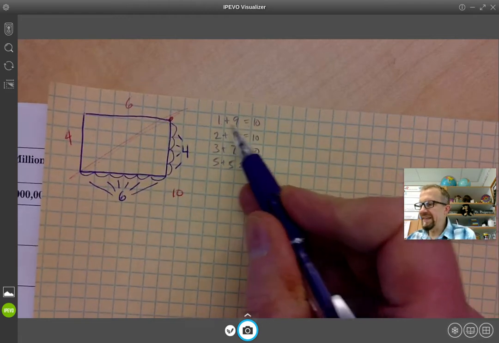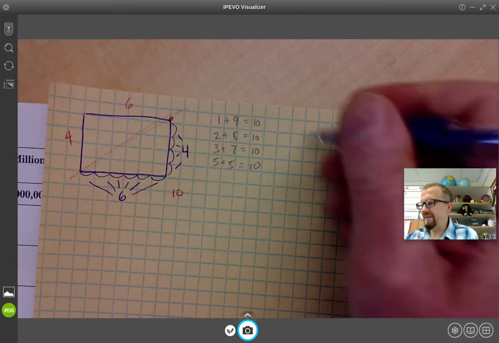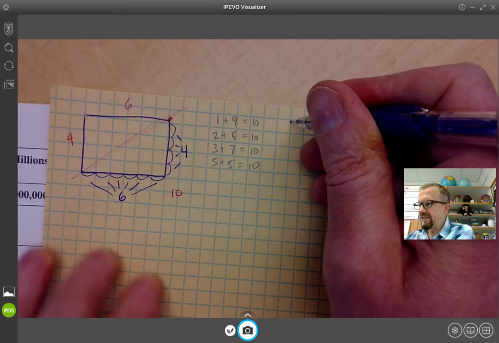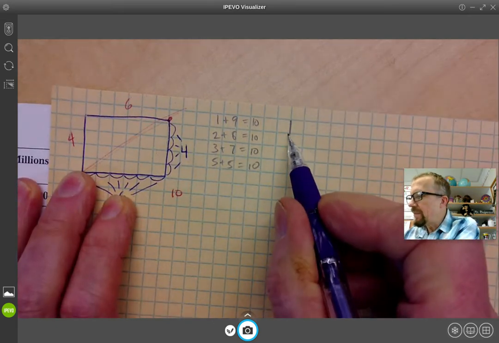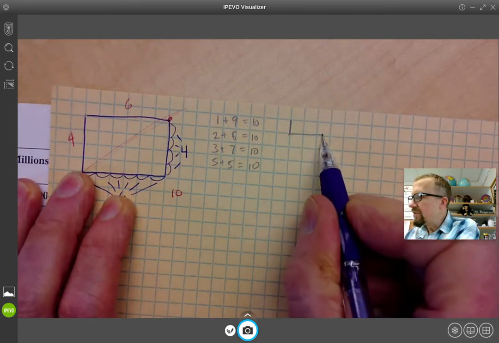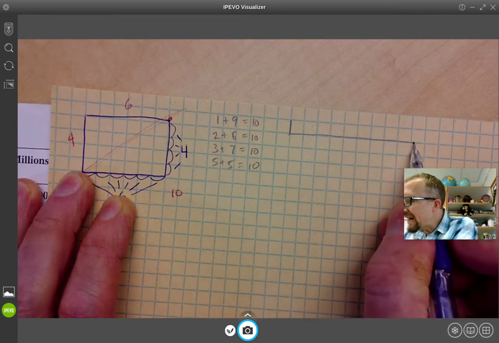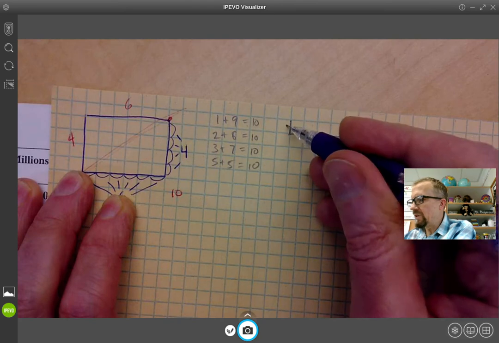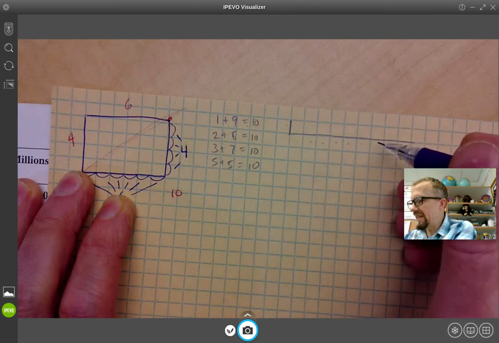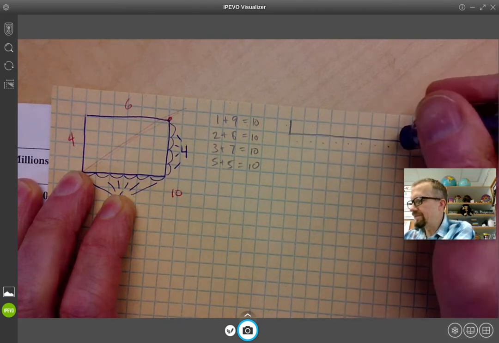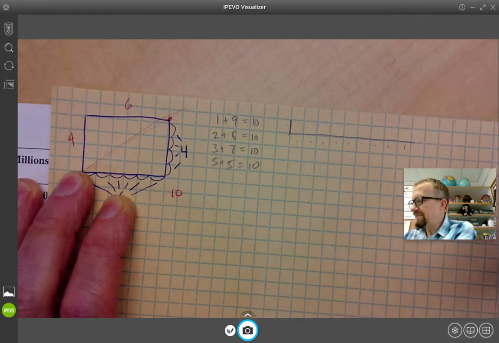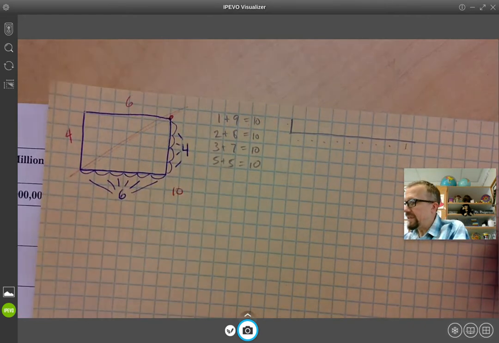Well, each of these could be part of a rectangle, right? I could do 1 by 1, 2, 3, 4, 5, 6, 7, 8, 9. So 1, 2, 3, 4, 5, 6, 7, 8, 9. I went too far. No, 10. Because 9 plus 1 is 10.